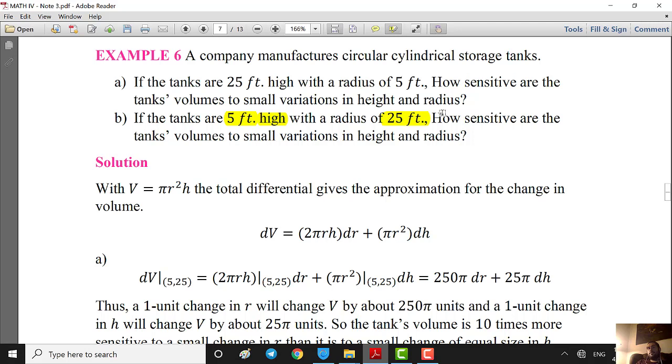If you have seen pictures of these storage facilities, they have a very large radius, a very big base, and rather small height.